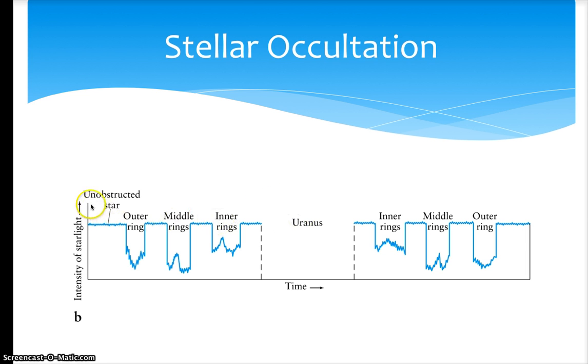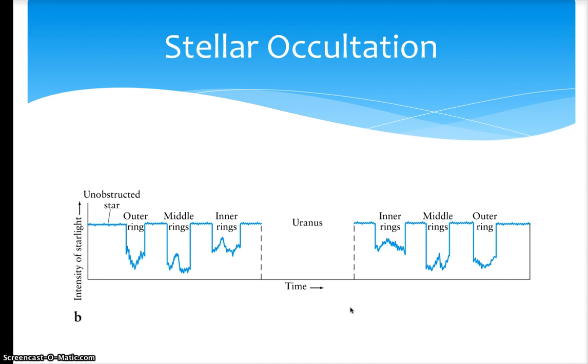So here, in this graph, you see how bright the starlight is over time. And what they found was that there were these periodic dips in the brightness of the starlight that came before the planet itself passed in front of the star. And then once the planet had continued on and passed the star completely, the dips in the starlight happened again.